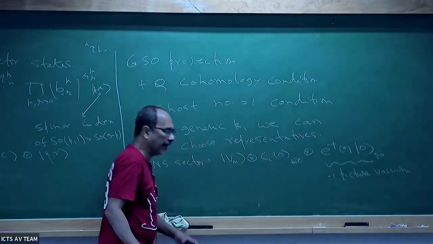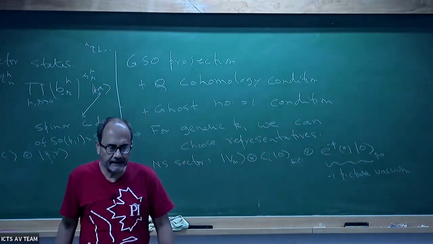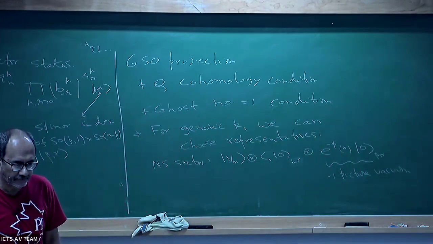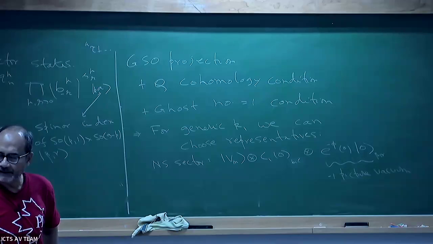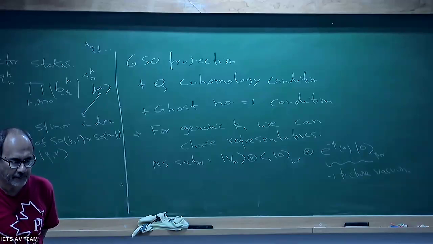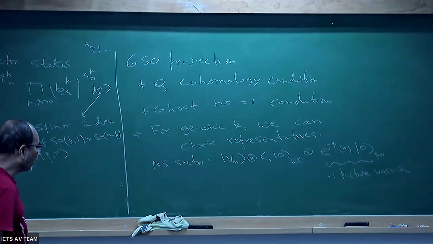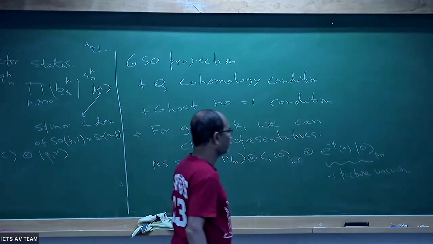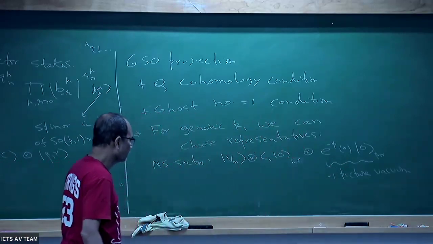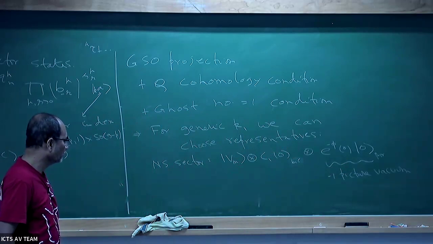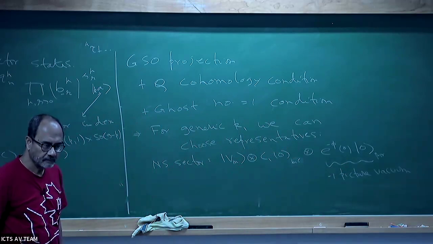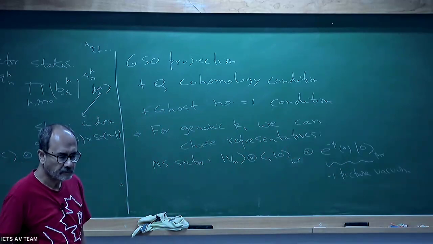And now you don't have separate left and right sector picture numbers because the boundary condition relates them. The boundary condition relates the expansion modes of beta with expansion modes of beta tilde and of gamma with gamma tilde. So you really have only one sector. Don't have separate left and right sectors. This ghost number equal to 1 condition came from this only, no?